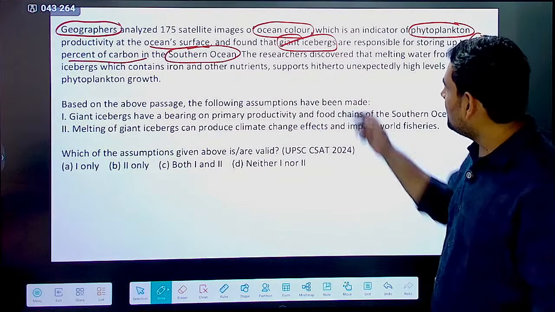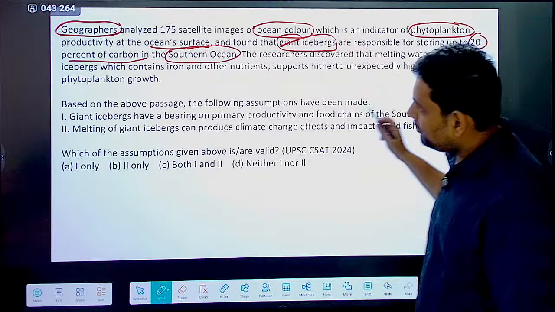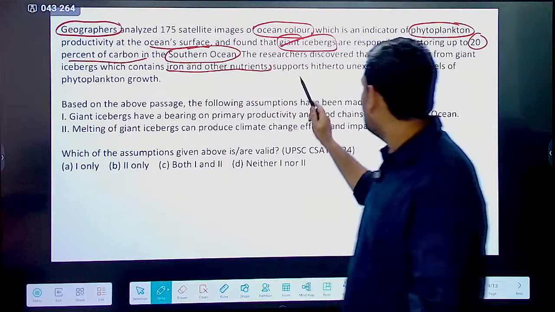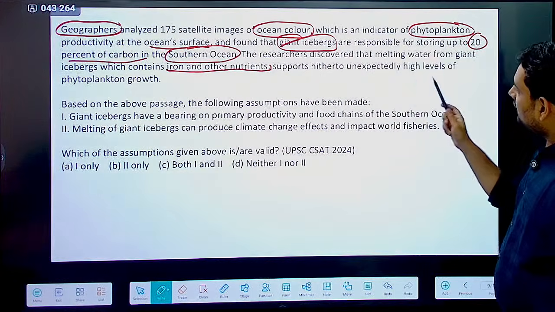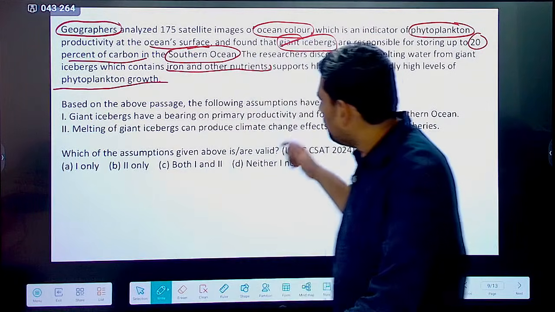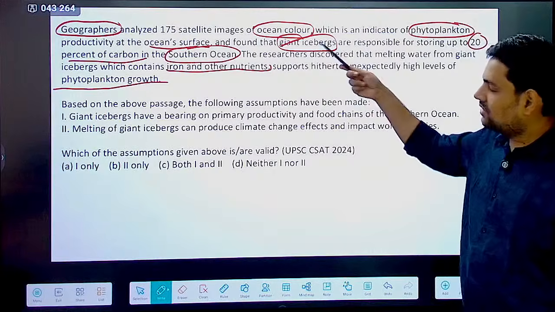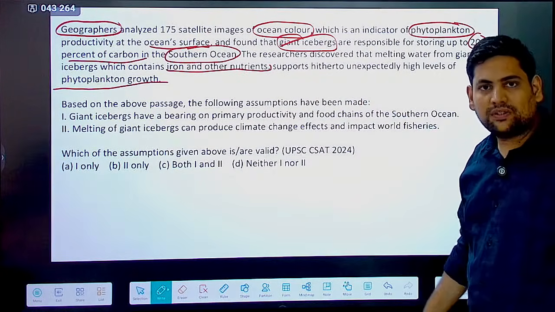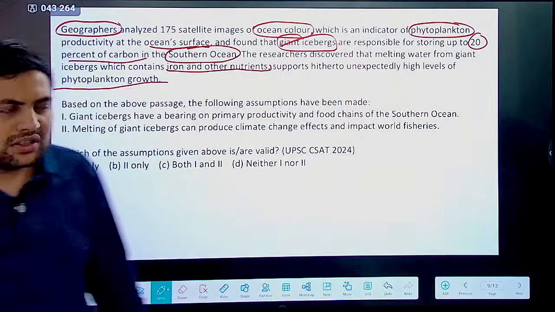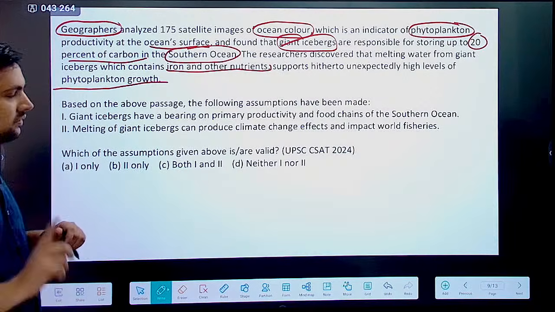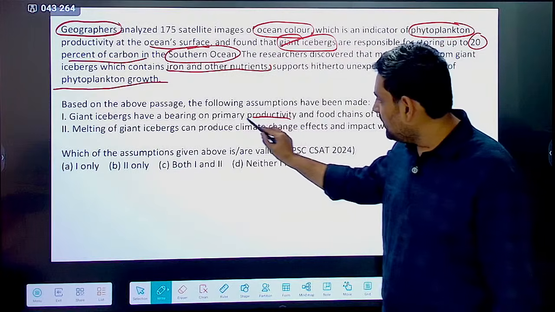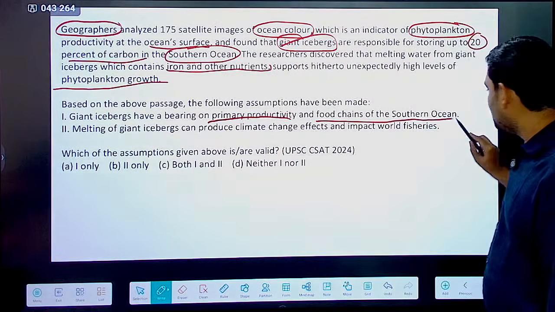Now, the researchers discovered that melting water from giant icebergs, which contain iron and other nutrients, support hitherto unexpectedly high levels of phytoplankton growth. So what it is saying is that these giant icebergs are very rich in nutrients, and when they melt, they lead to phytoplankton growth. Now, first statement: giant icebergs have a bearing on primary productivity and food chain of the southern ocean.